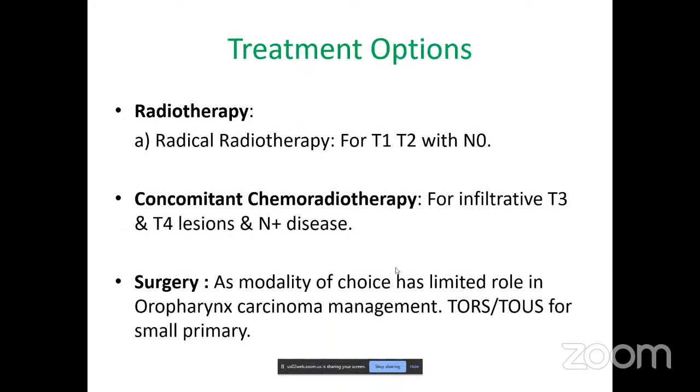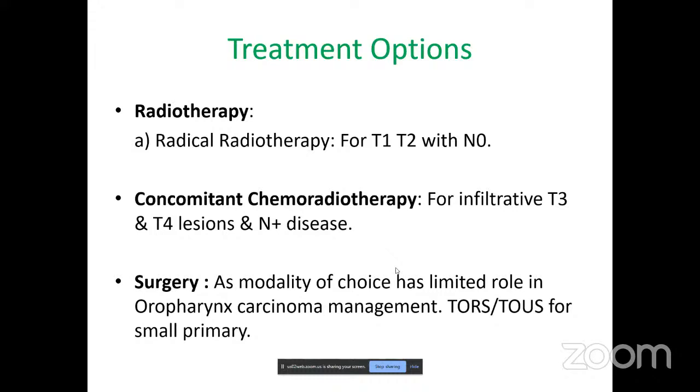So what are the treatment options we have? In short, for early disease, for T1, T2 with node negative disease, we consider radical radiotherapy alone. For node positive disease or T3, T4 disease, it is mandatory to add concomitant chemotherapy along with radiotherapy if the patient is fit for chemotherapy.